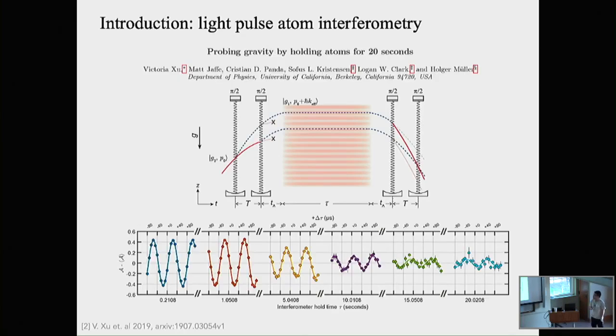In our group, we developed a new way to increase this interaction time between atoms and gravity. We hold the atoms in an optical lattice created by the mode of an optical cavity.